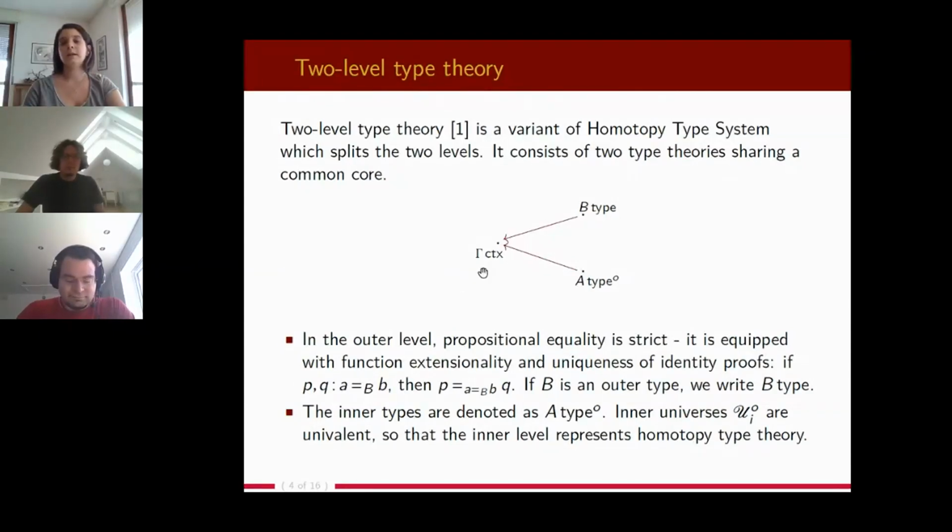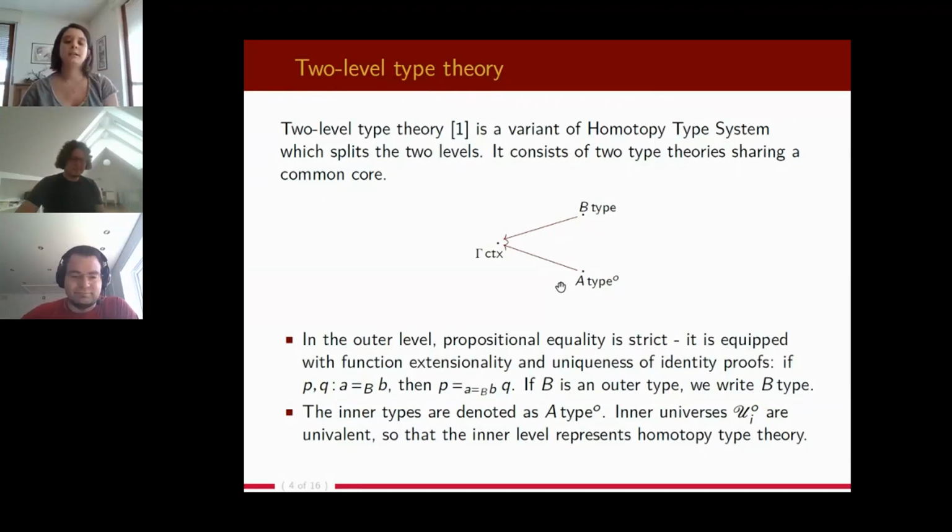For example, they share the context, and we have an outer level, whose types are, for example, this B, called just types, and an inner level, this A, which is distinguished from the outer one with this label O.